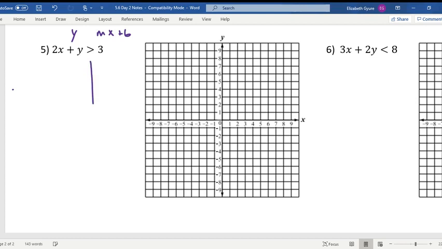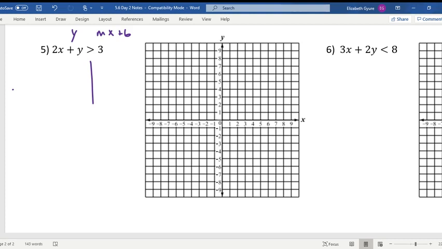So put your bar. So if we want to change this into y equals mx plus b form, we only want y on the left. Olivia, do you think 2x should stay or should it go? What do you think, Olivia?